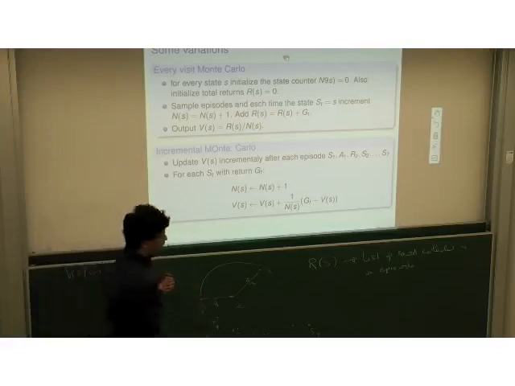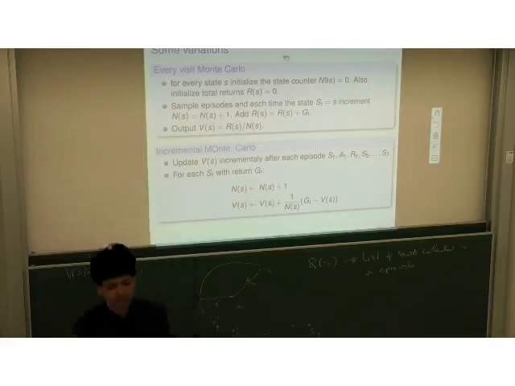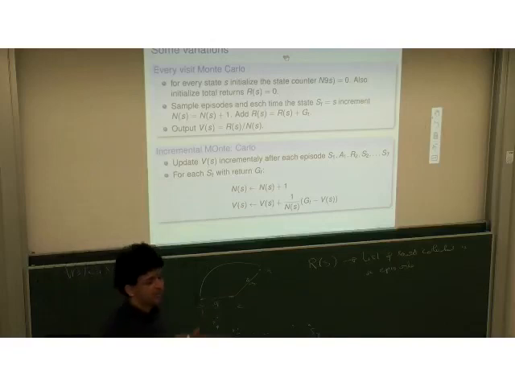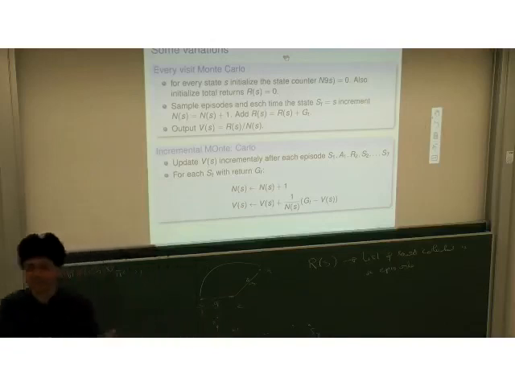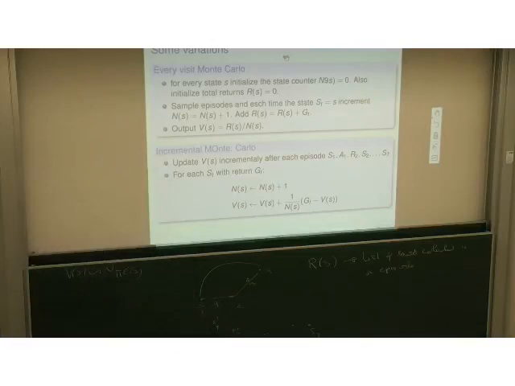The first algorithm we have already discussed. So now you count every visit to a state and you average all the returns. Every time you visit, you also include the returns starting at that point, and you average all of them. Okay. This also actually requires the law of large numbers to say this converges. But this time you have to be more careful.